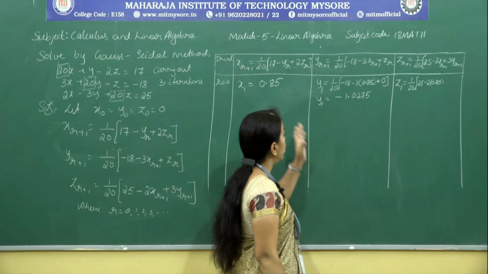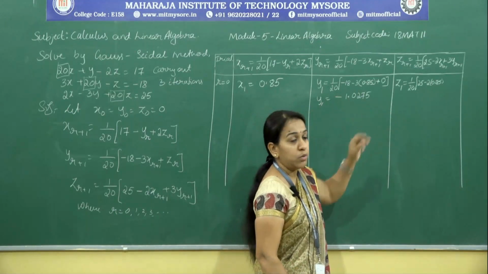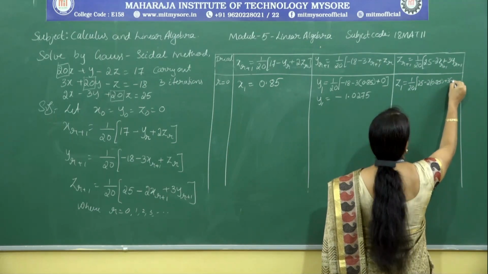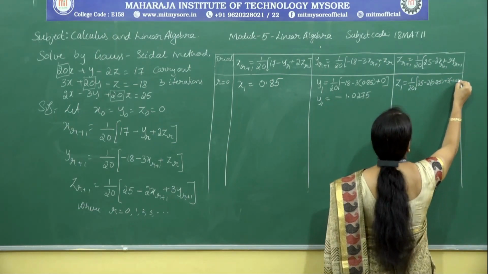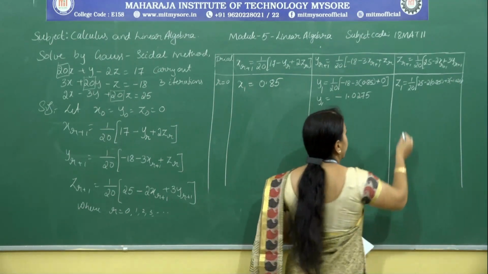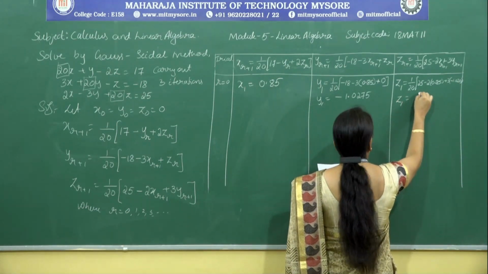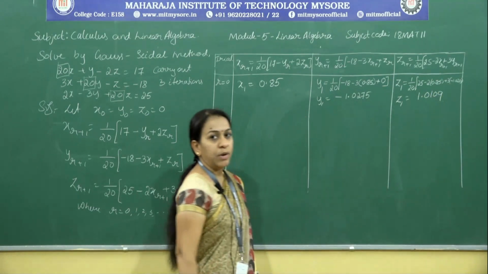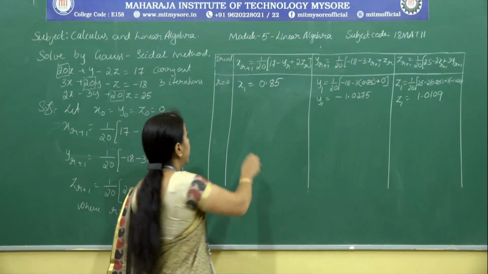So, as I told you, I should use x1 there and the y1 value here. So plus 3 times y1, which is minus 1.0275. If I substitute that, your z1 will be 1.0109. So this will be our first trial with r equal to 0.